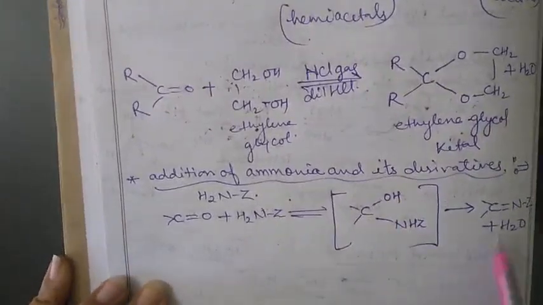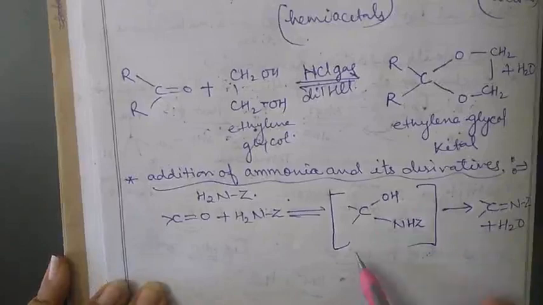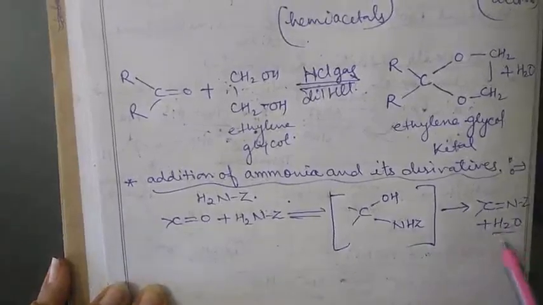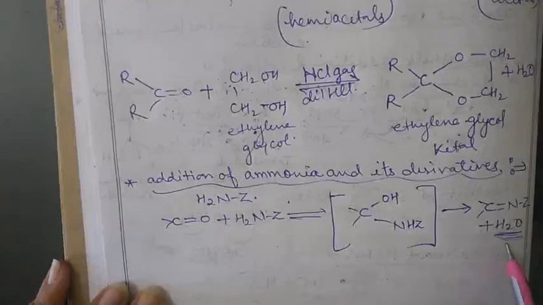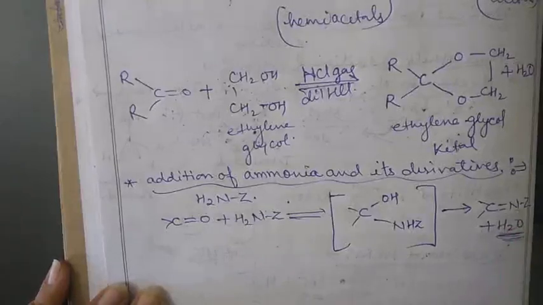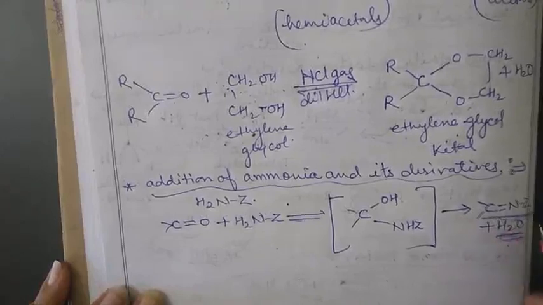The equilibrium favors the product formation due to the rapid dehydration. Why do we use the term dehydration? Because here the removal of water takes place. So due to the rapid dehydration of the intermediate, we form this compound.